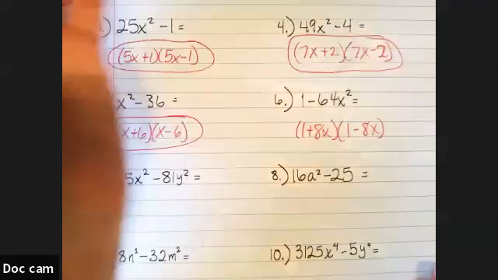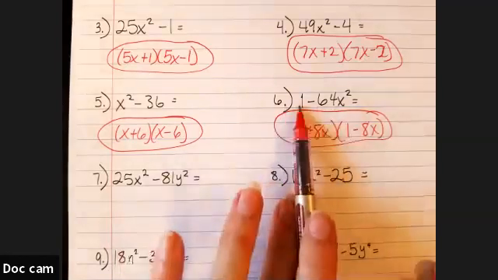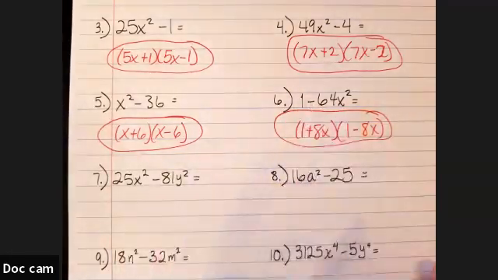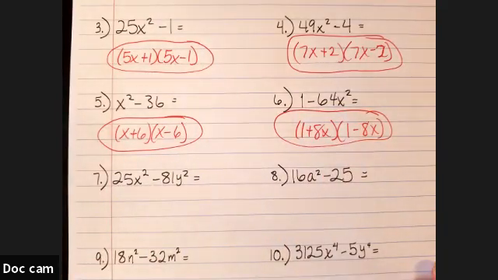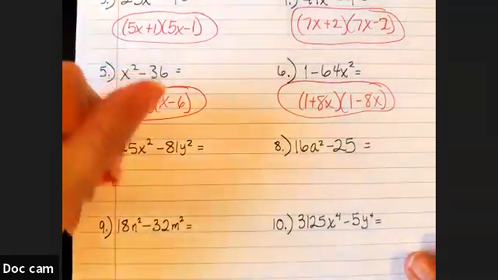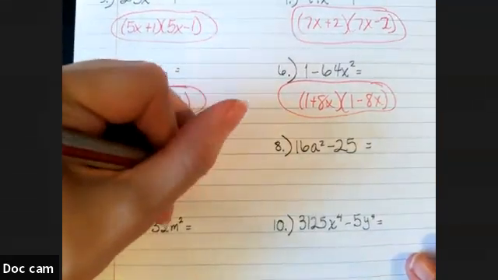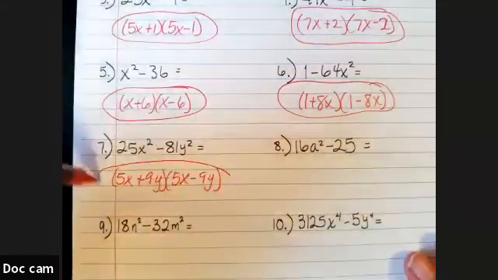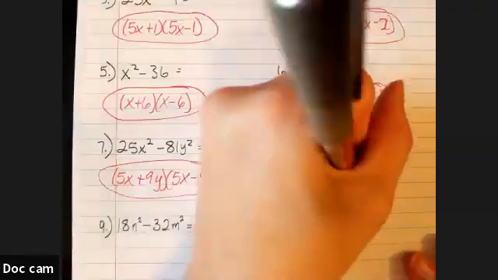Number 6, that would be 1 plus 8x times 1 minus 8x. That's not the order that we're used to seeing it in as often, but that's okay. Just leave it like that. Number 7, that would be 5x plus 9y times 5x minus 9y. Number 8, that would be 4a plus 5 times 4a minus 5.